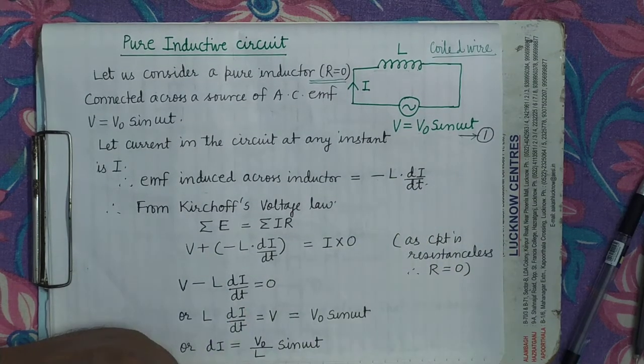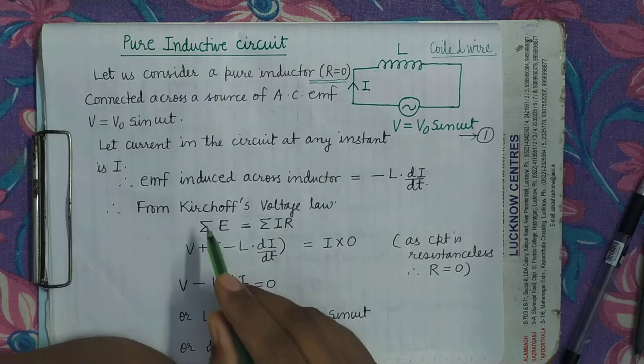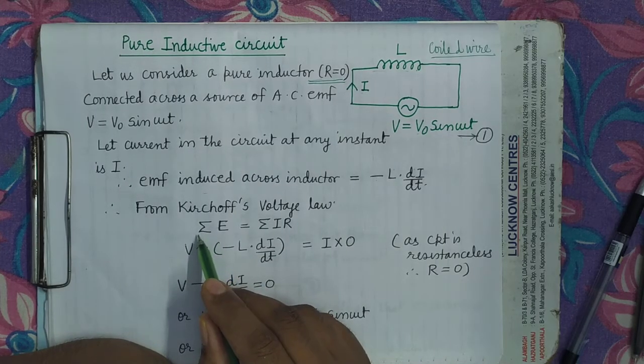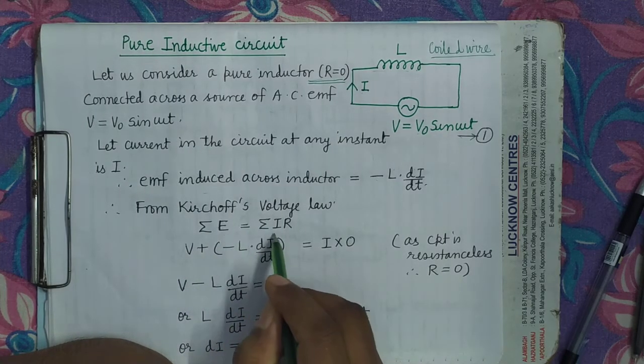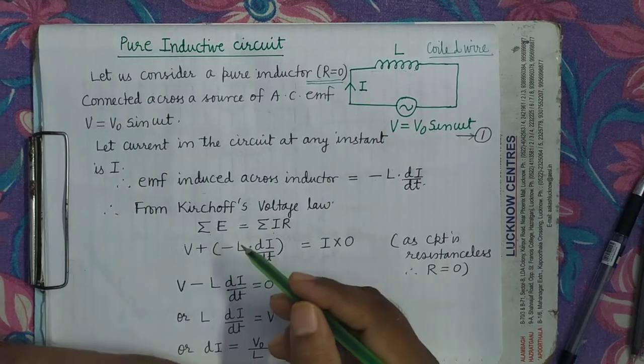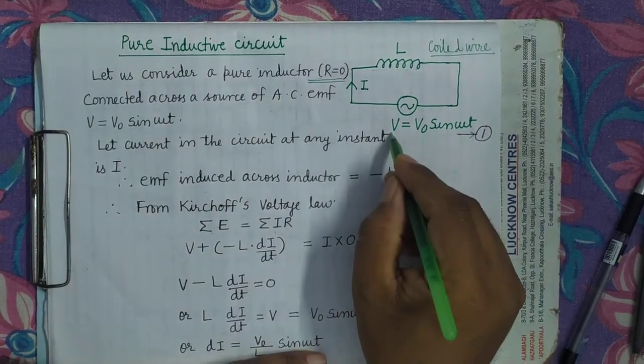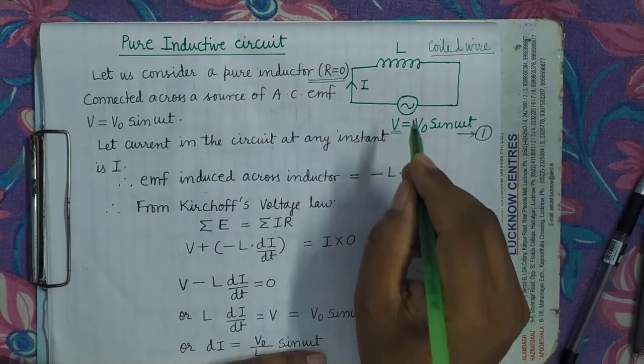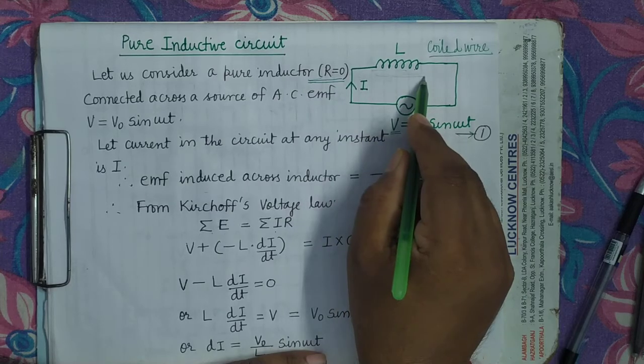Now you apply Kirchhoff's second law, Kirchhoff's voltage law. From Kirchhoff's voltage law, we know that sigma E equals sigma IR. What is sigma E? There are two sources of voltage: one is the applied AC voltage and the other is the induced voltage.